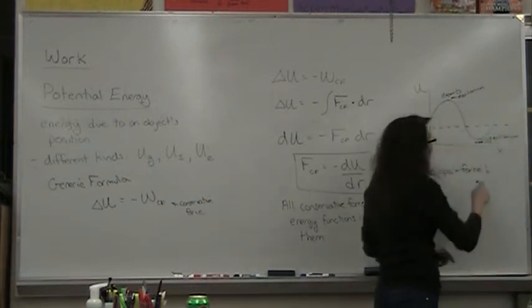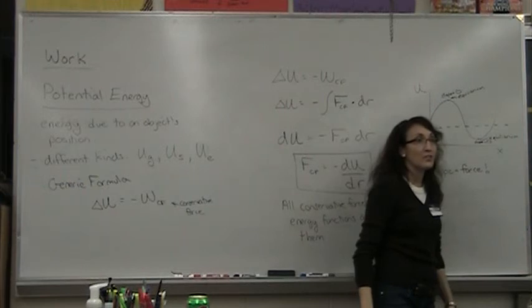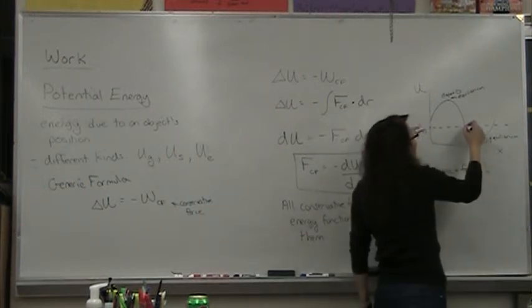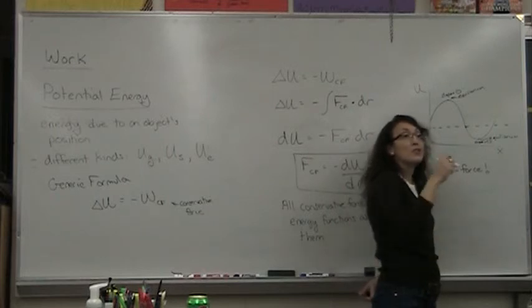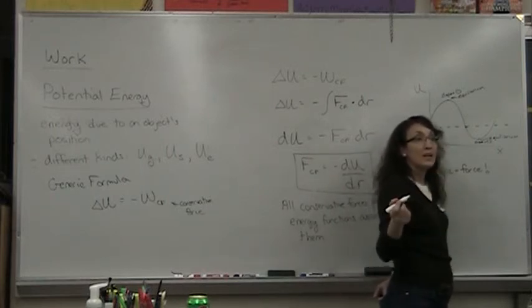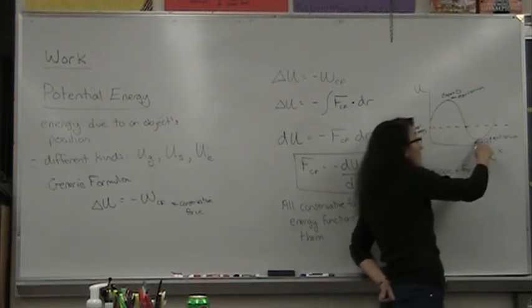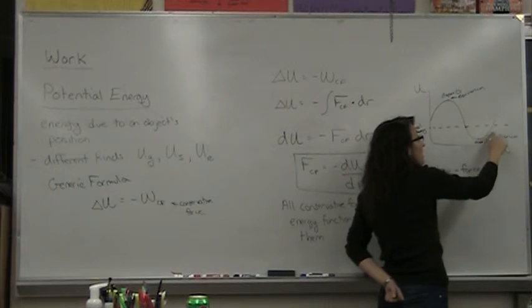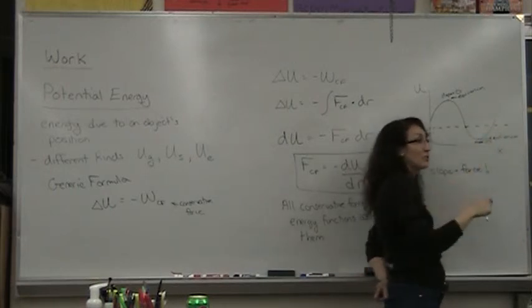So what would happen if I had an object with this much total energy is that if I let it go here with all this potential energy, it's going to go back to where it wants to go, and it's going to gain kinetic energy. And it would have its maximum kinetic energy here. Then it would keep moving in x, and as it moved along, what happens to its kinetic energy and what happens to its potential?